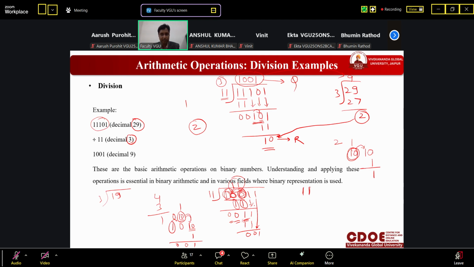Okay, is it the answer? No. It is not divisible, so we will write 0 also here. So this is the answer, and 1 is the remainder.